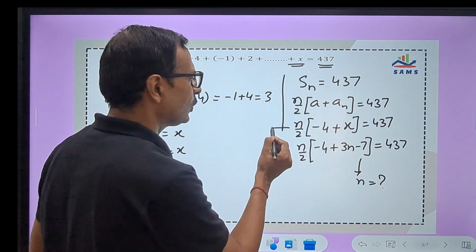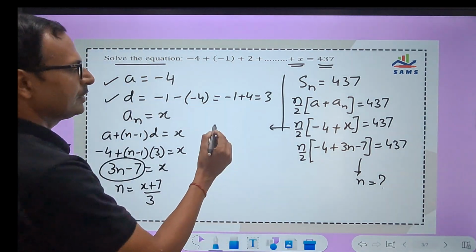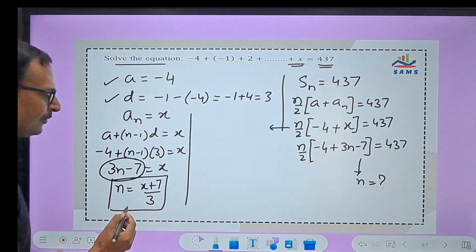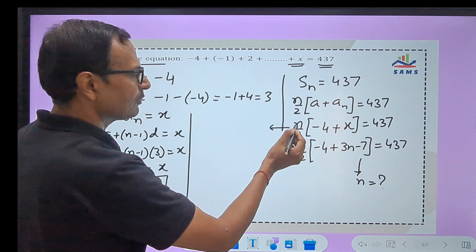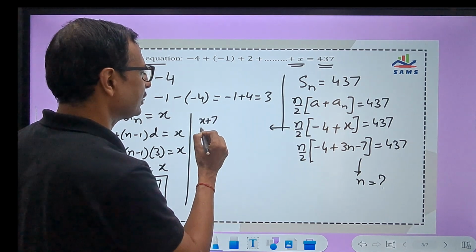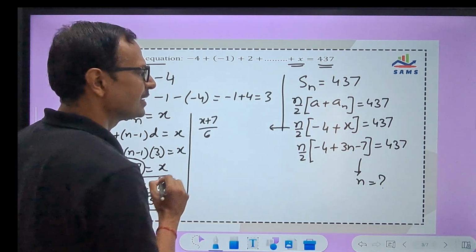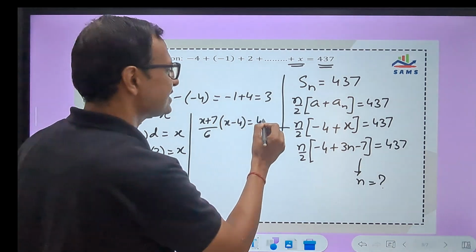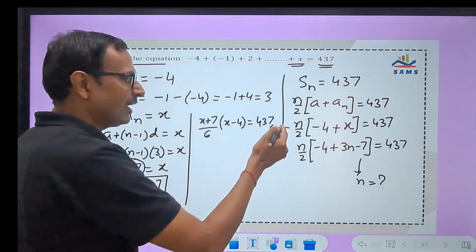Or you can deviate from here and start with this value n. n is (x plus 7) upon 3, so when I put it here, (x plus 7) upon 3, 3 2s are 6, and then (x minus 4), equal to 437, and we can find the value of x directly.